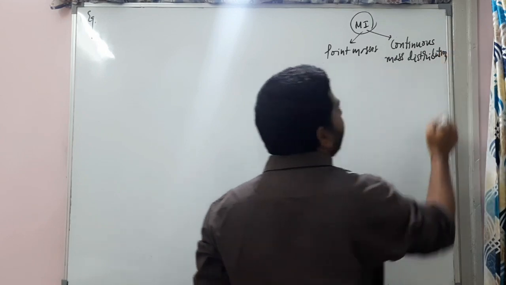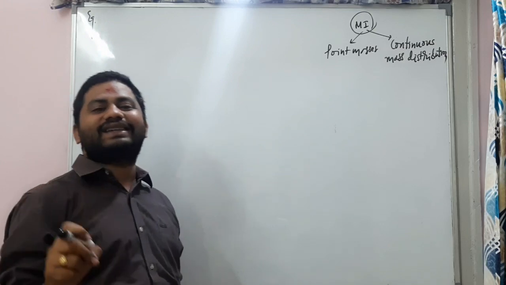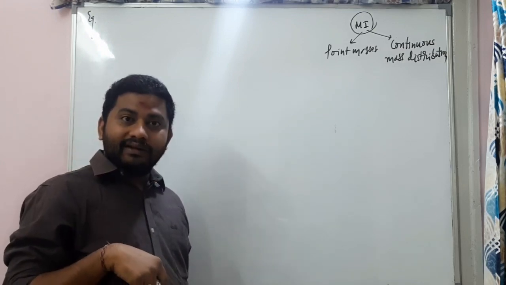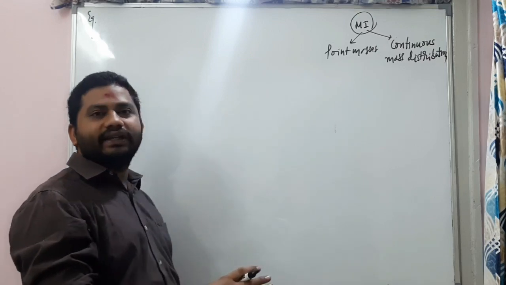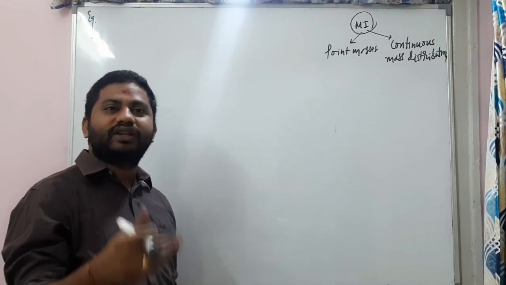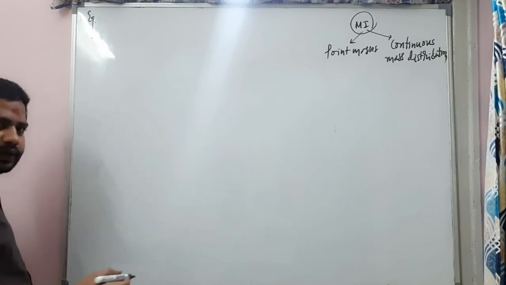What is meant by the continuous mass distribution? Already we have discussed during the center of mass. If you are not remembering this, anyway I'll introduce once again here, or at least you go back to pages of your notes and go through it. Example. So simple.